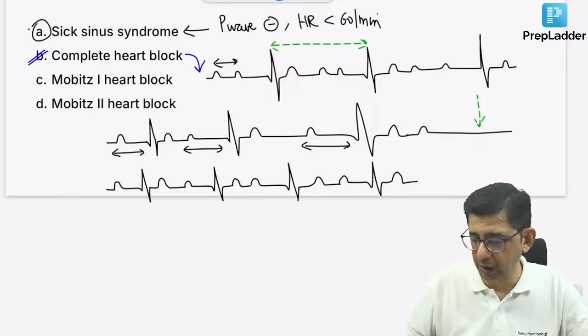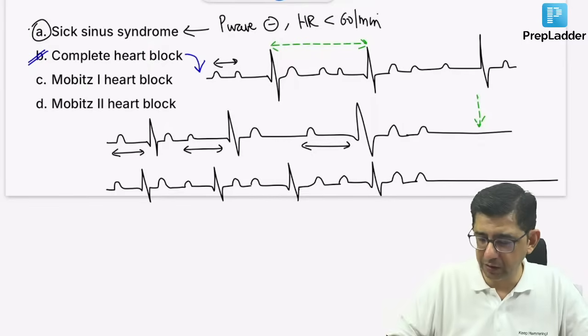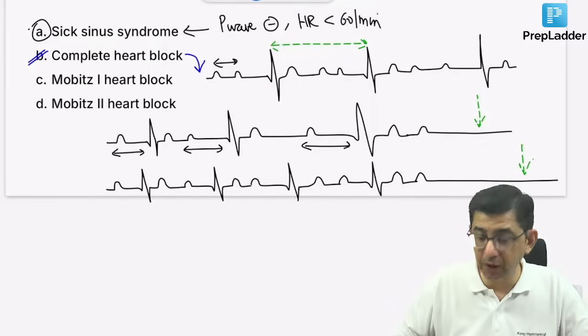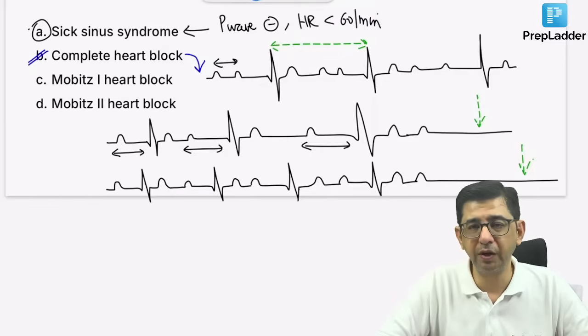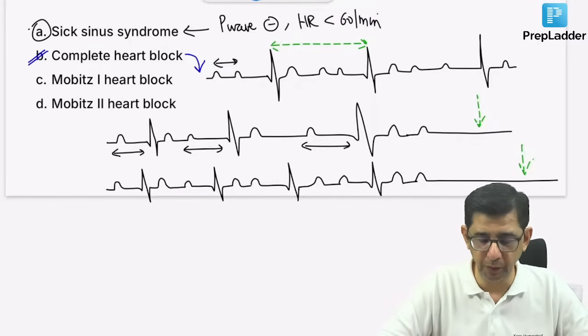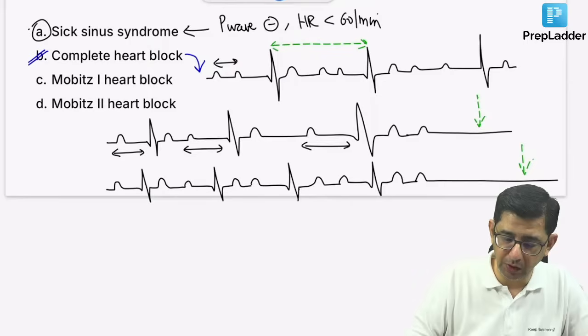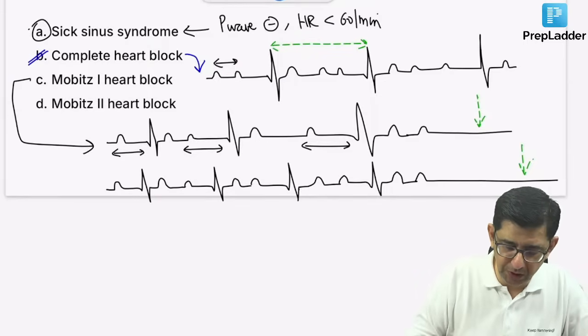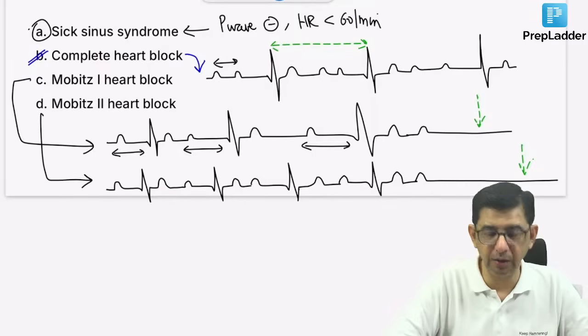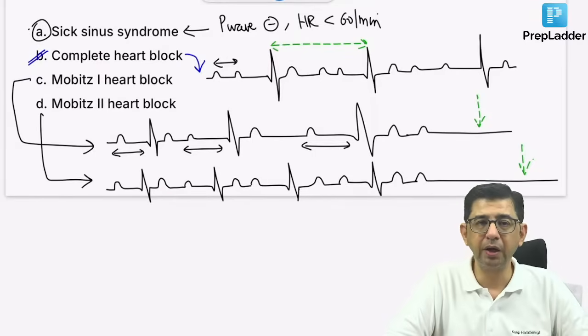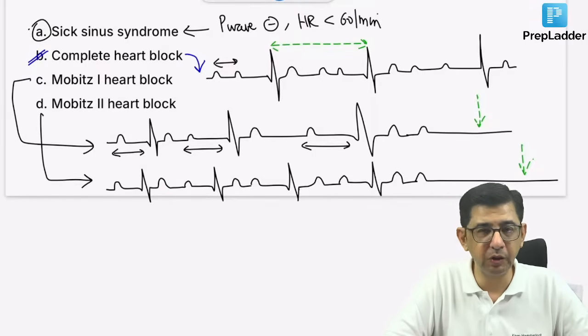So everything is normal, and then there is going to be a sinus arrest kind of thing happening, which will look like a sinus pause, and that's where there's a missed beat occurring in a patient. So the PR interval does not show a serial prolongation; it would be Mobitz 2 heart block. I just wanted to bring to your attention two ECGs here for Mobitz 1 and Mobitz 2 that have been asked, and Mobitz 2 is more likely to be asked because there everything is normal.